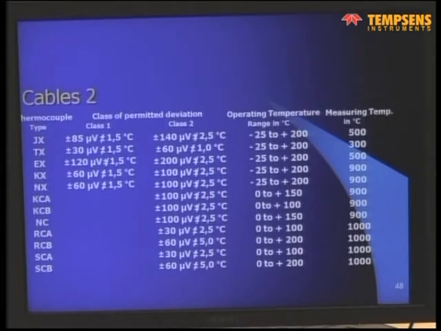Interchangeability. Yes, you have thermocouples in stock, and accidentally you need one, you take it and put it in, and you are sure that it has the same properties. So there are a lot of advantages, and I can only recommend, don't buy a thermocouple with compensating cable. Don't do it.